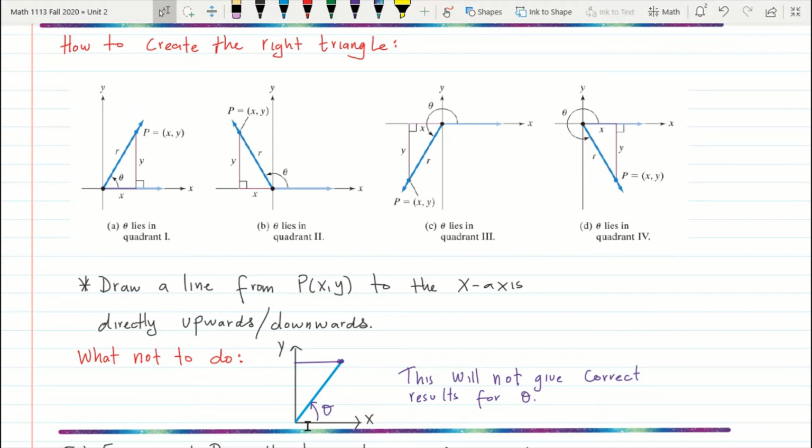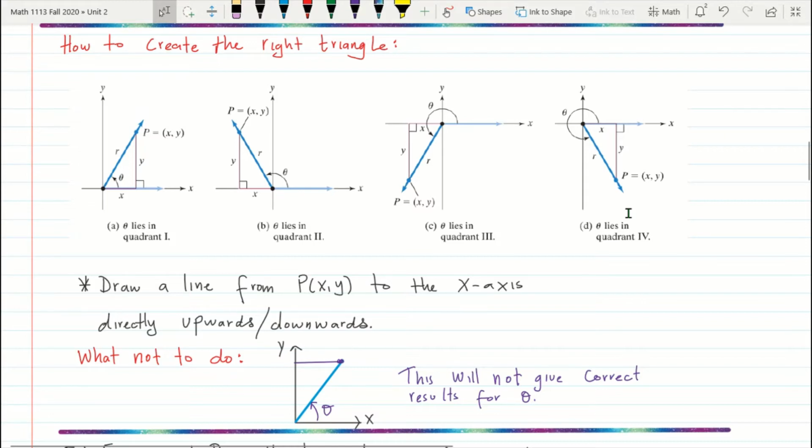Okay, so it's going to be confusing, and you probably will get the wrong answer, even if your ratios follow the definition. Okay, so this is not the way to do it. I'm showing you because I've seen people do it, so I want to show you the wrong way to do it so that you are aware. The pictures above are the correct way to draw the triangle.